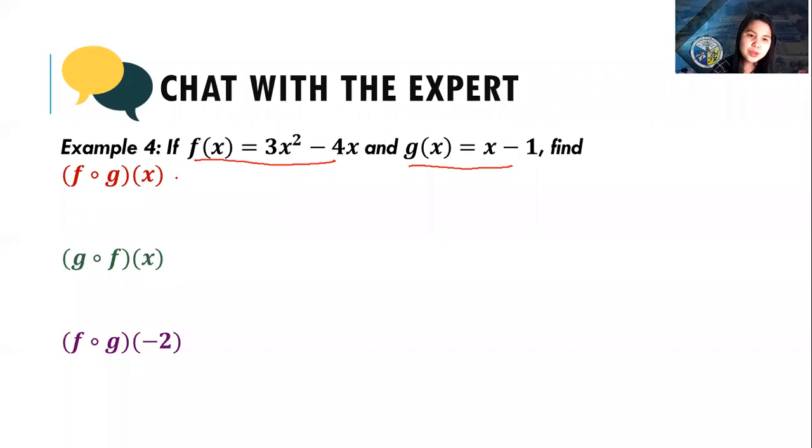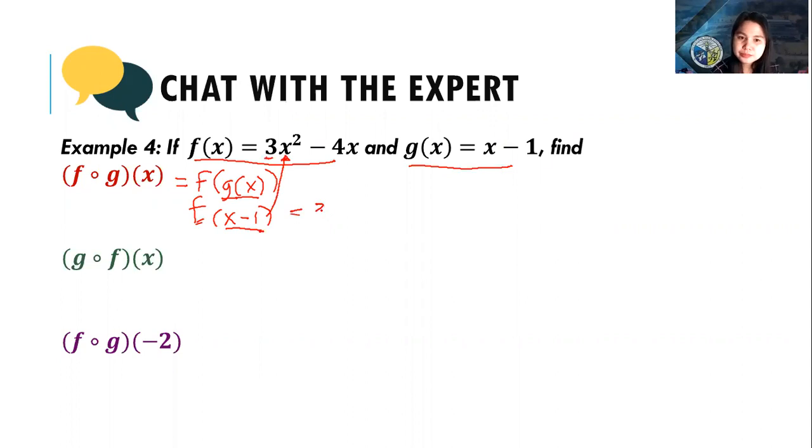So how do we write that? It means f of g of x. What's our g of x? That's x minus 1. So it means that we need to substitute x minus 1 for the value of x in f. Let's start.